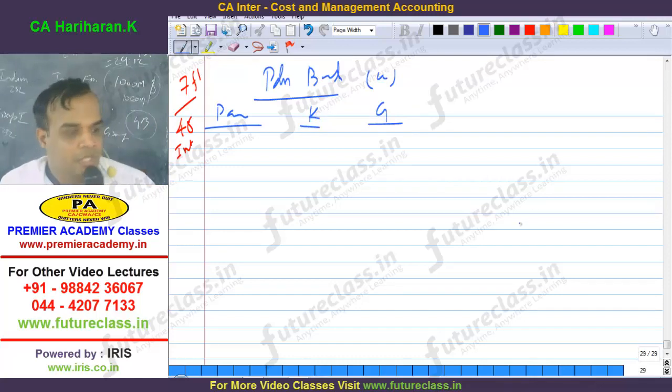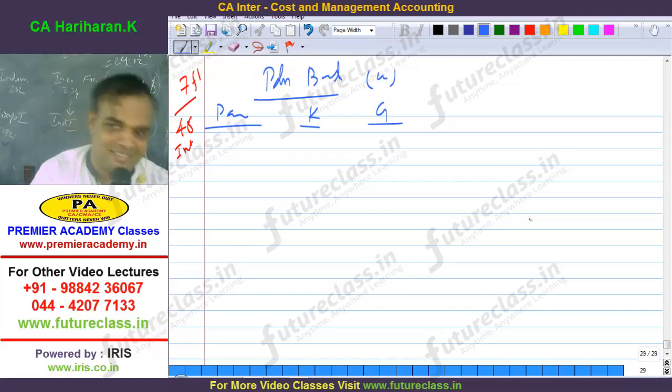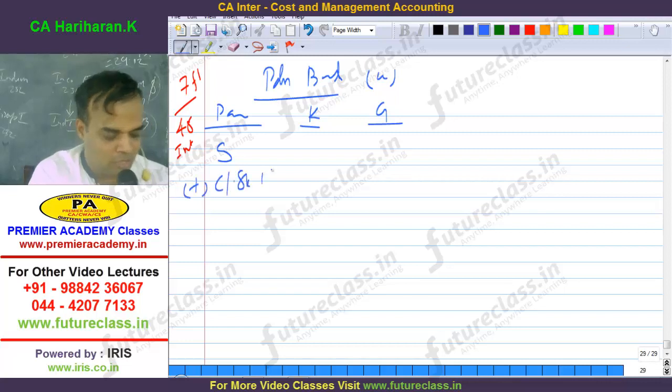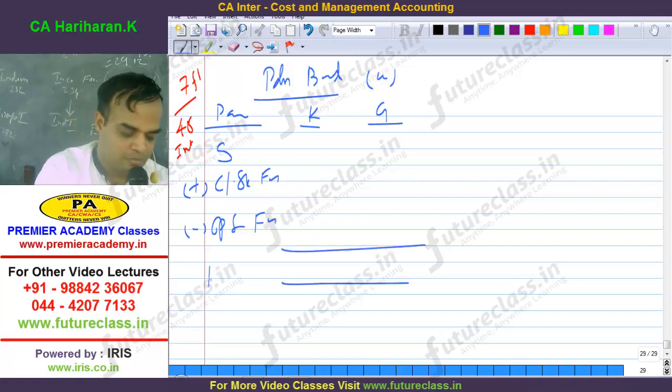Production budget is in units. Sales quantity plus closing stock of finished goods minus opening stock of finished goods is equal to production.